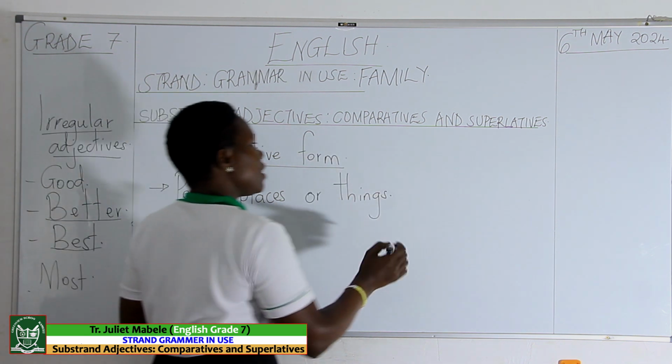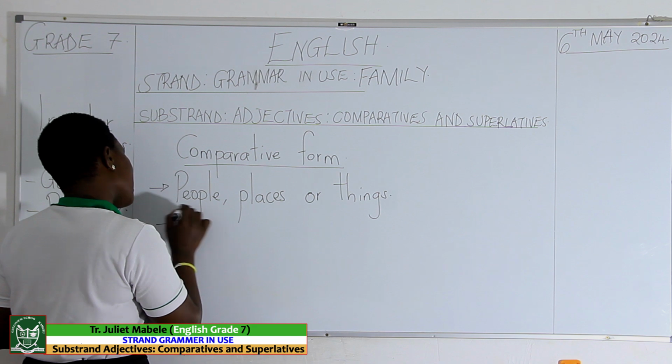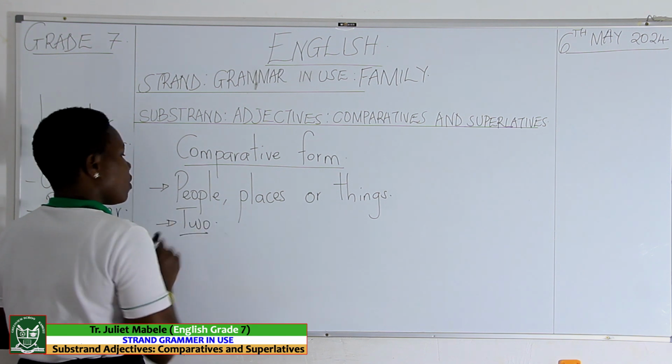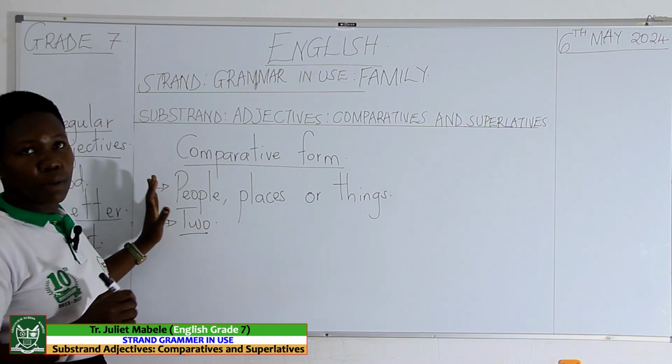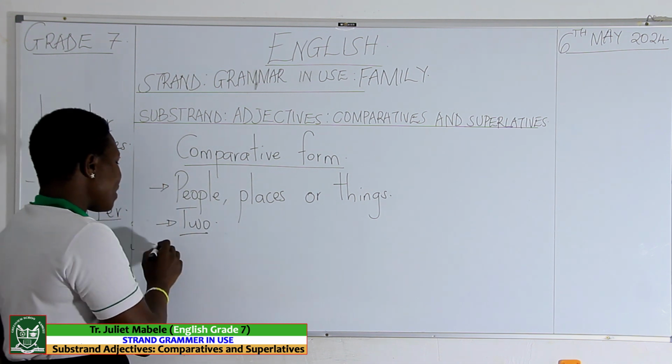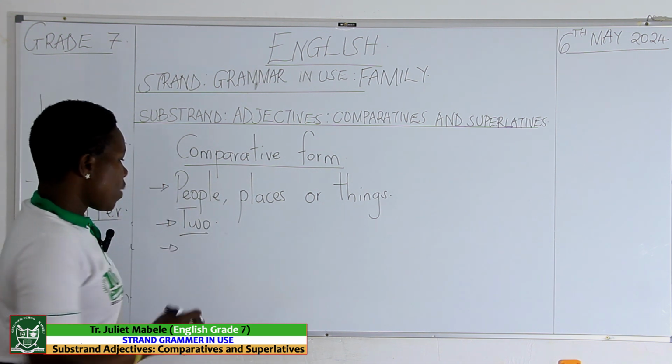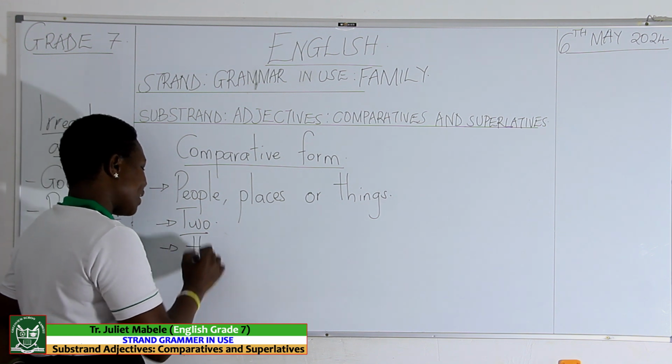And we are comparing two. The key word here is two. We are comparing two things, places, or people. When we are comparing these two things, we can have the word than.